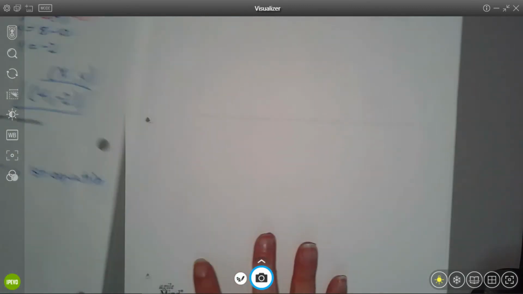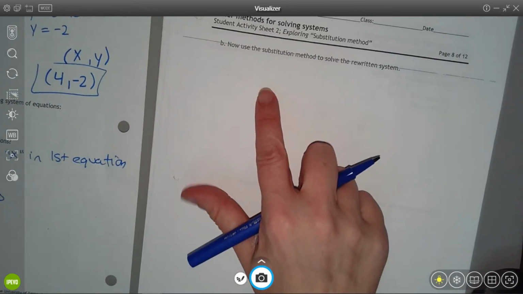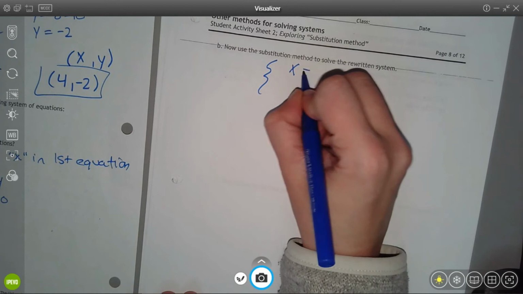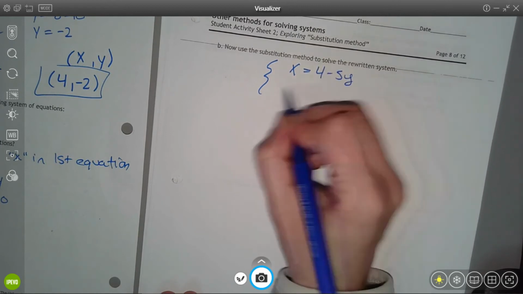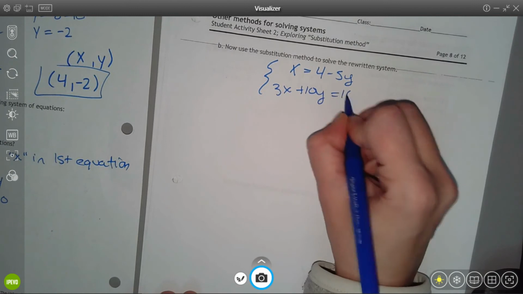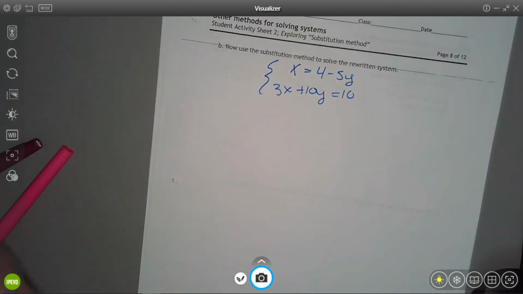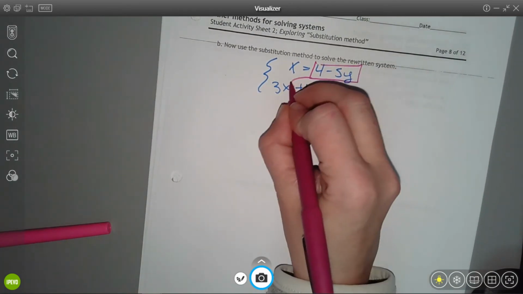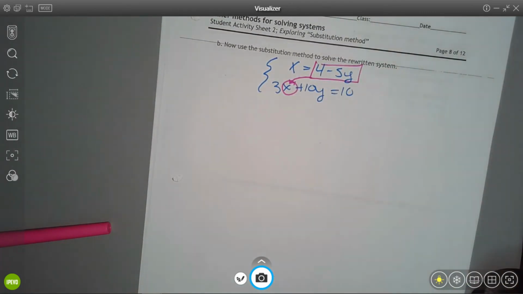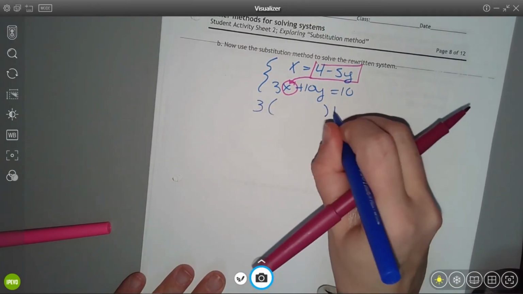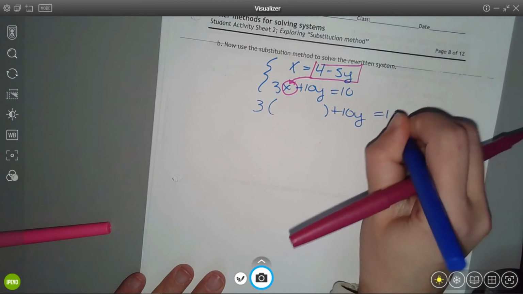Part B wants us to now solve it. So I'm going to rewrite this again so you can see it. X equals 4 minus 5y, and 3x plus 10y equals 10. Okay, so we have what x equals. Substitute it into the other x. 3 times my x plus 10y equals 10.